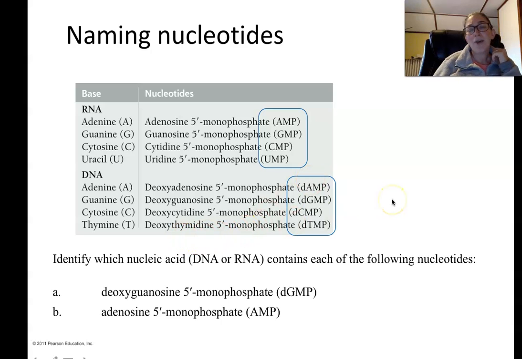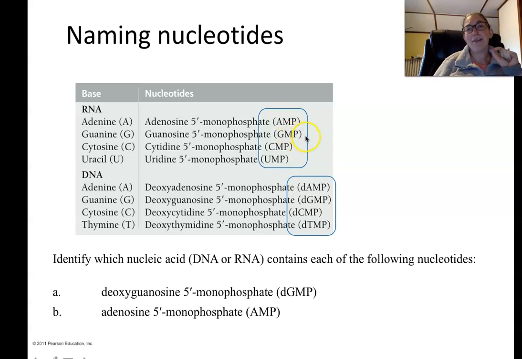Just a little bit about the naming of these different nucleotides. If it's RNA, the nucleotide for adenine is adenosine monophosphate, or AMP. And then for guanine, it's GMP, and so on and so forth.